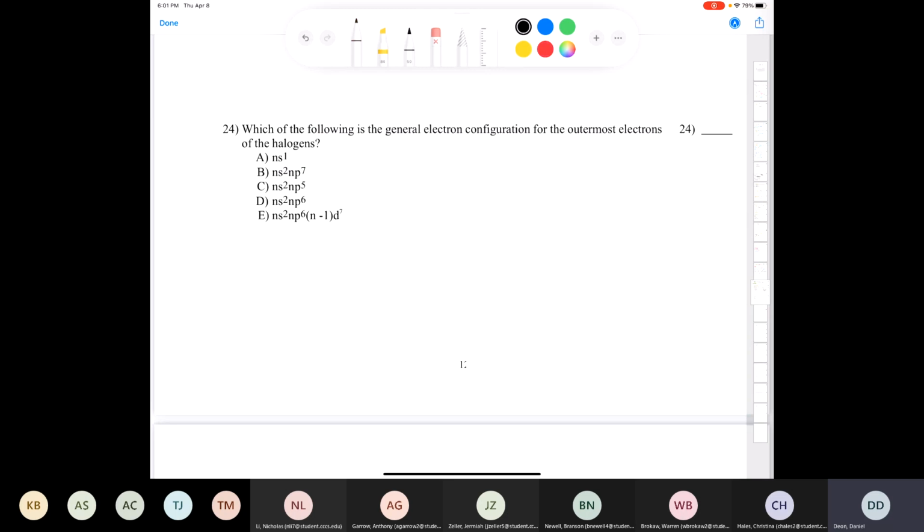We have helium, and then after helium, we have 2s2, 2p6. And so it would be ns2, np6, and that is this answer, right.